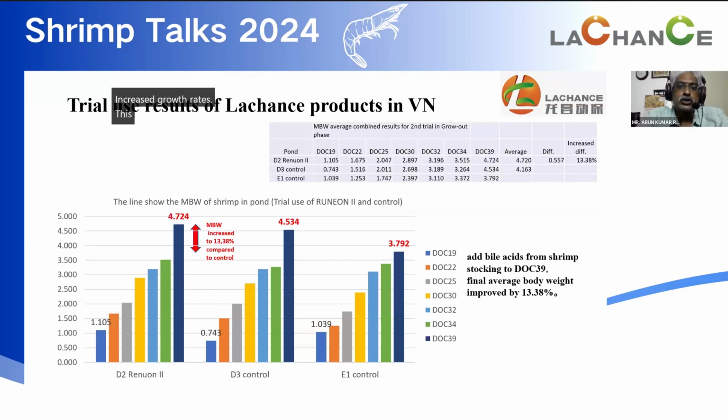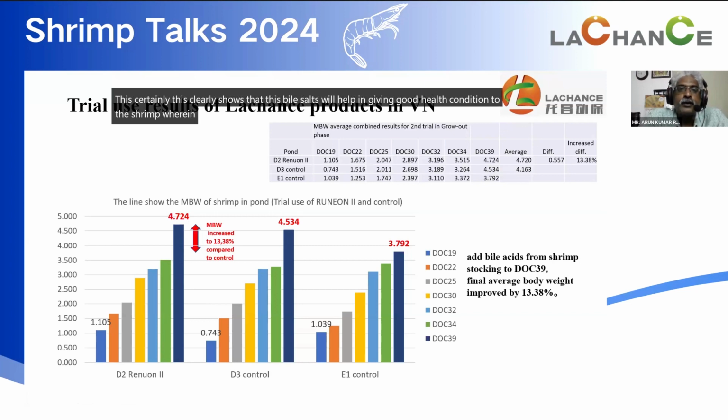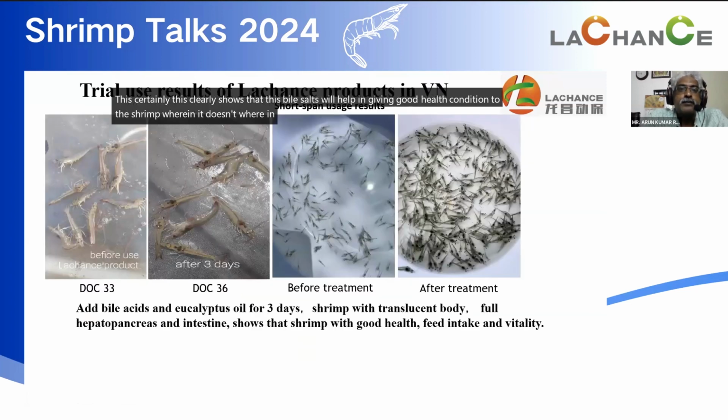This clearly shows that these bile salts help in giving good health to the shrimp, wherein the growth is in a very healthy condition.